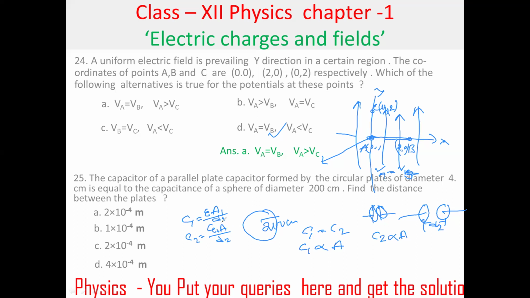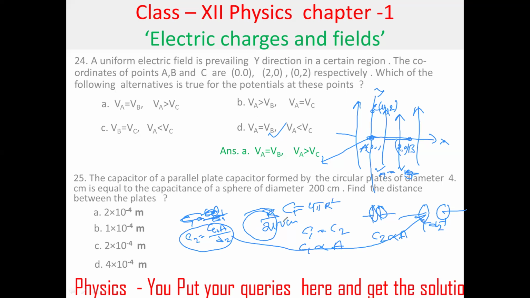Okay. Now this formula is for the parallel plate, and as the other is spherical, the capacitance would be 4 pi epsilon naught r square if the radius is r.